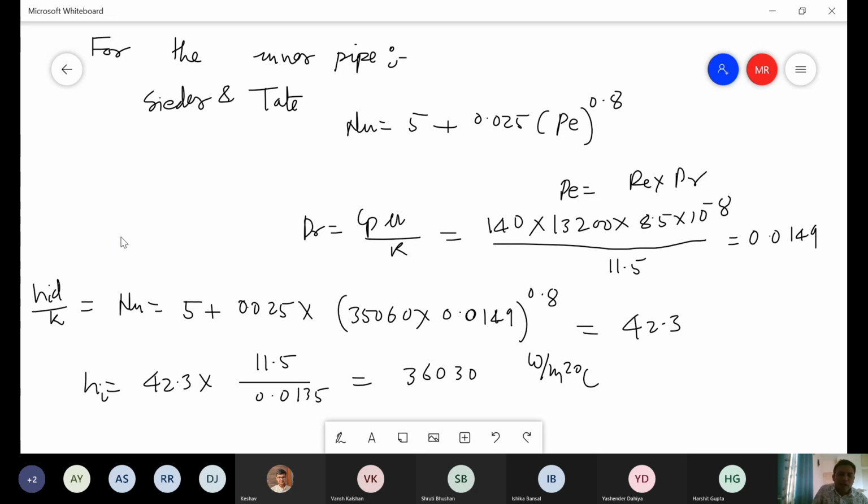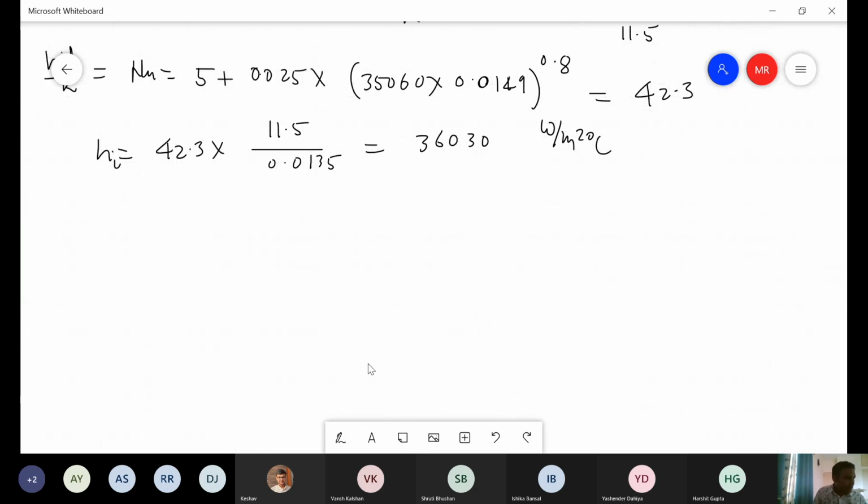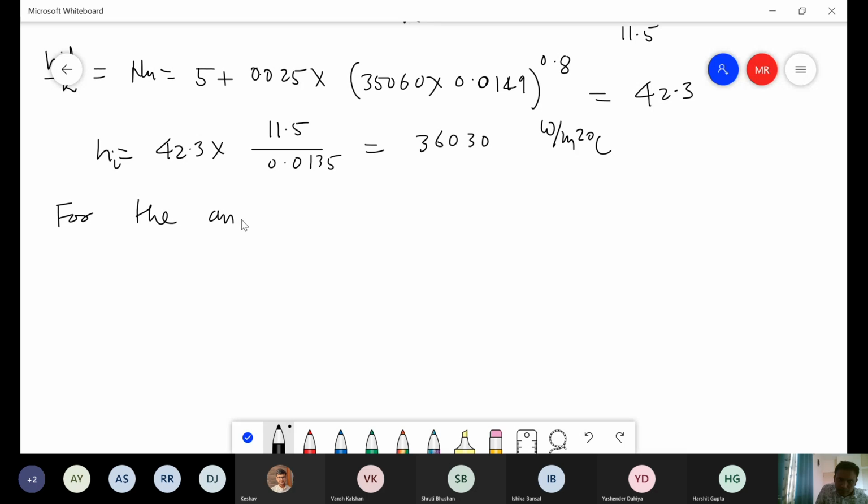Now similarly we can find out what will be the heat transfer coefficient for the flow through the annular region, isn't it? In the annular region, water is flowing.